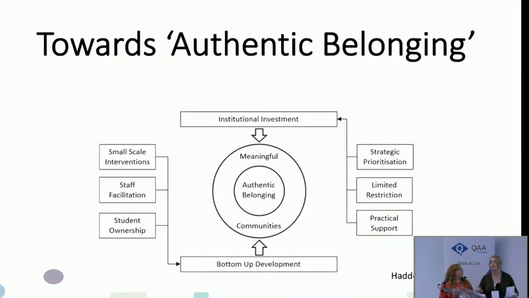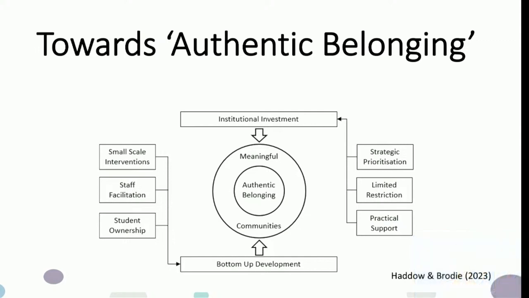So from all this, we developed this model of authentic belonging and what we think works for authentic belonging. I've talked about some of these themes that we've brought together here to describe bottom-up development, so the idea that students can lead the charge, staff can support them to do that, and that the interventions can be quite small scale.